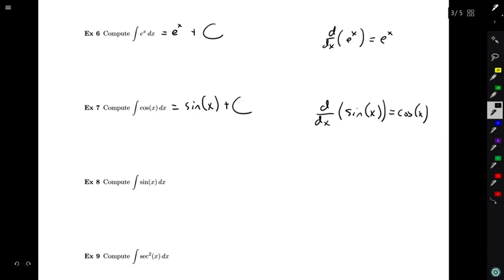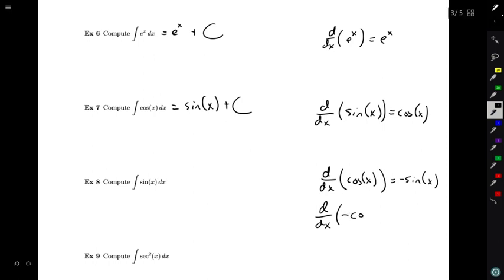always plus c. For the integral of sine, I want to think about a function whose derivative is sine. And well, I know that the derivative of cosine is kind of like sine. It's not quite sine, it's minus sine. So in order to account for the negative sign there, maybe I'll change up the function that I'm starting with.